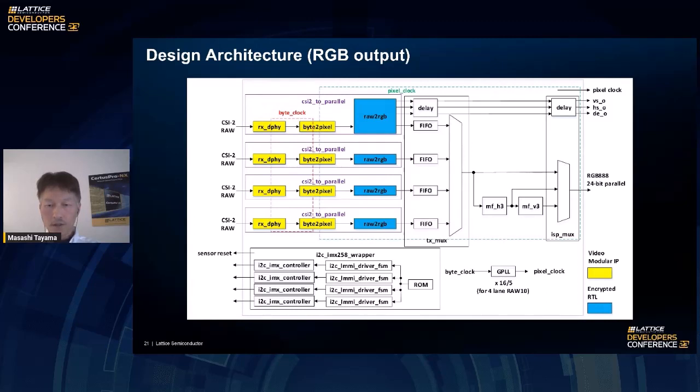After that, raw data is converted to RGB data. Then one of the 4 image data is selected and sent out as RGB888 parallel data. Sensor configuration data is stored in the internal ROM and sent to the sensors. This reference design is made for the Sony IMX258 image sensor.